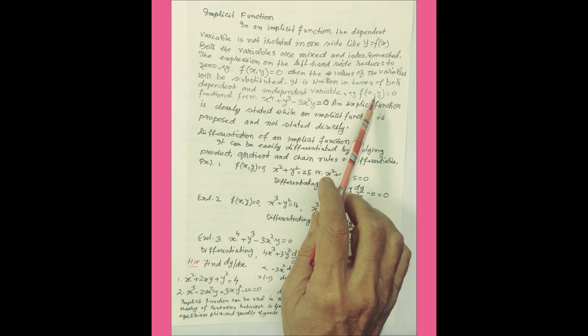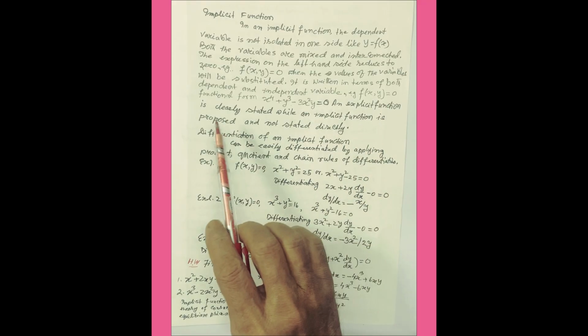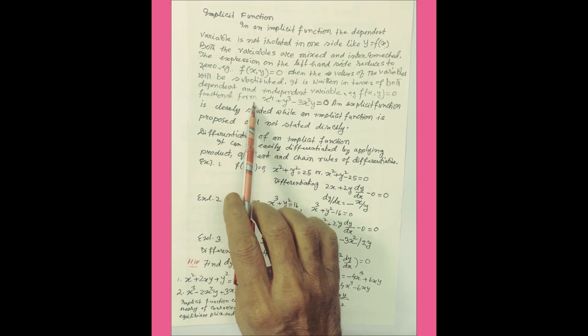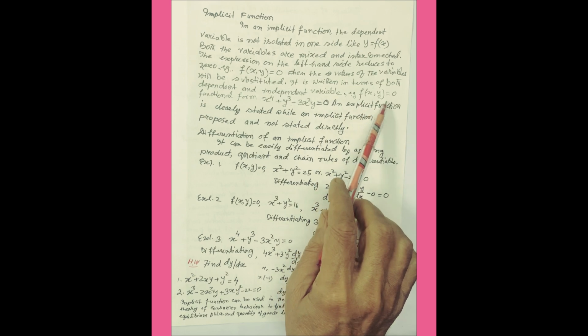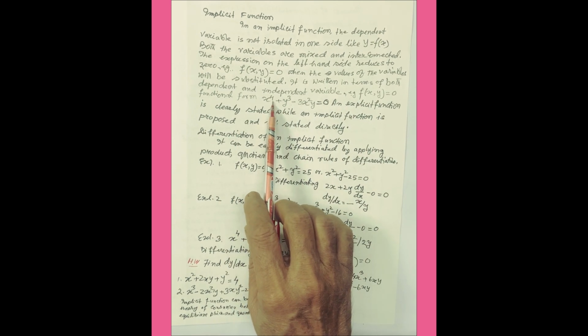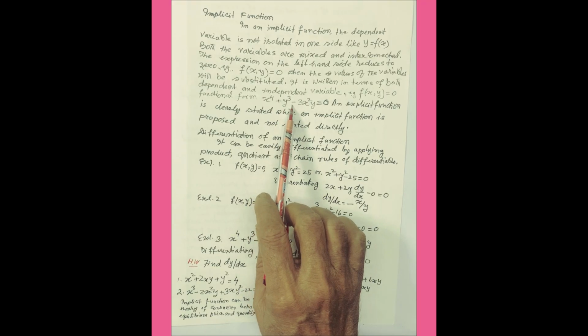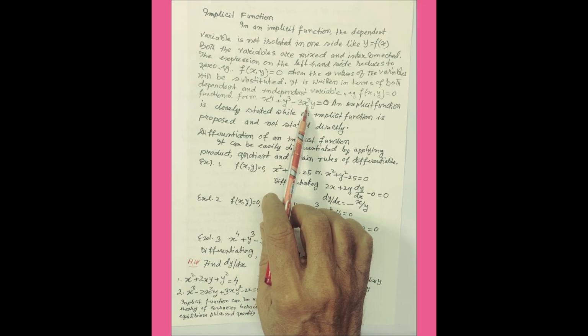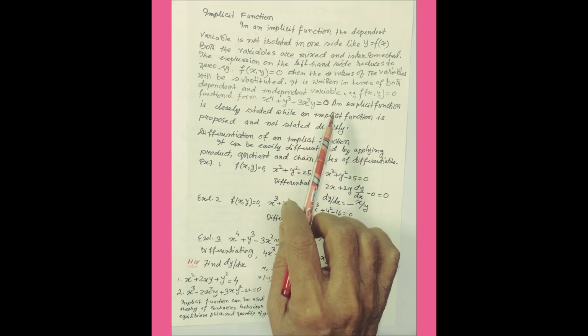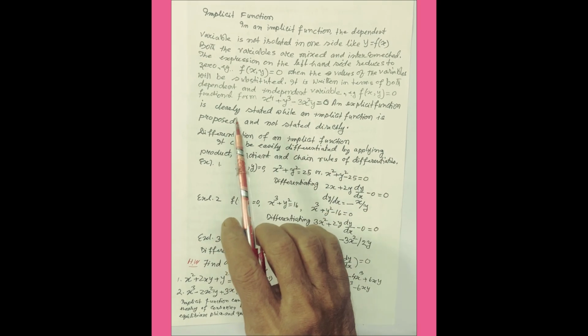For example, f(x, y) is equal to 0. Now, the functional form: suppose f(x, y) is equal to 0 and the functional form is x to the power 4 plus y cube minus 3x square y is equal to 0.